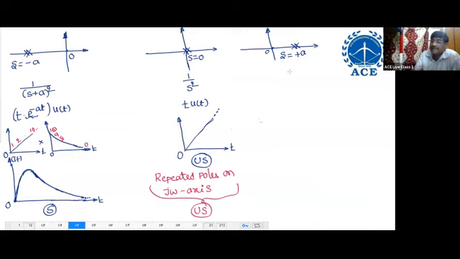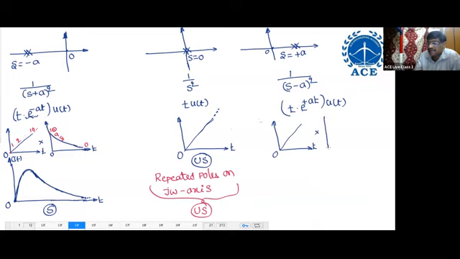Next, right-hand side. 1 by (s minus a) whole square. Then you get t e power plus at u of t. A ramp signal multiplied with an exponential rise.